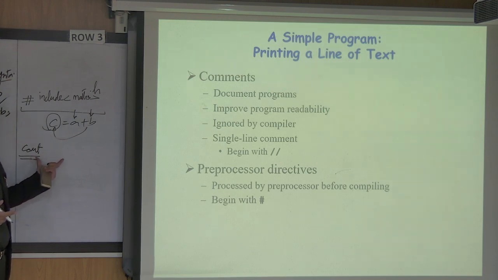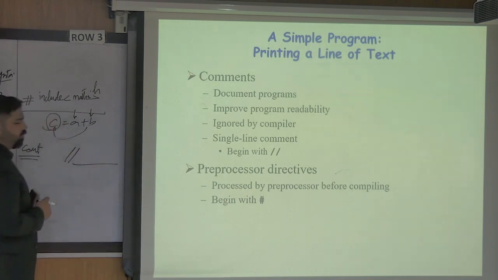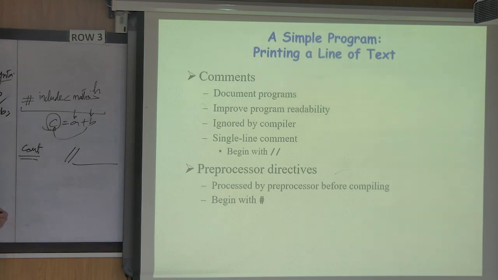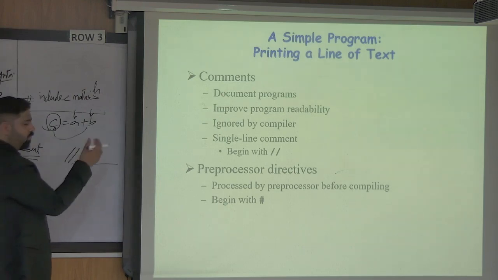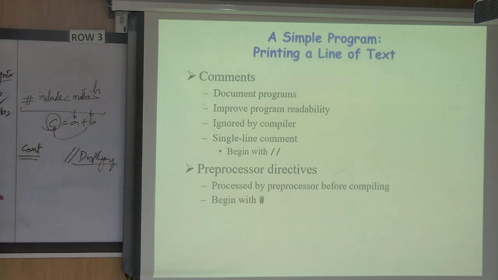A comment is something which doesn't come under the rules of the compiler, under the jurisdiction of the compiler. You just write the comment marker and here starts your own area. Just write it. I have used cout for displaying. So now you will open this program, you can definitely make sense out of it, isn't it?